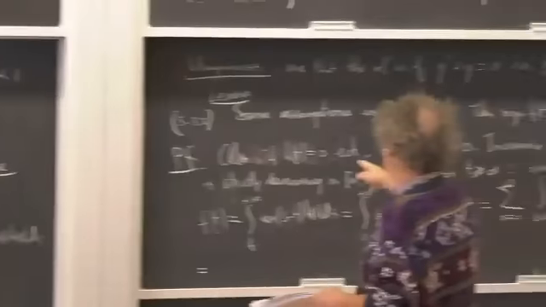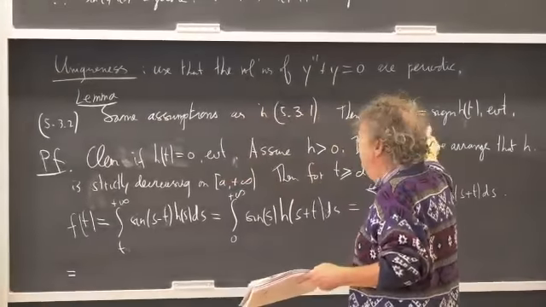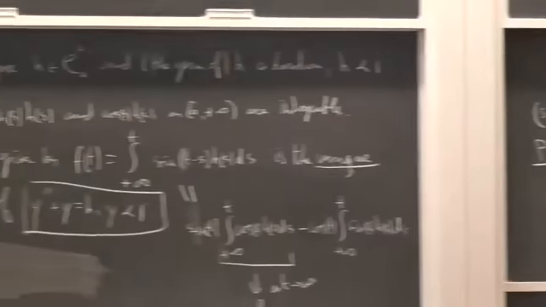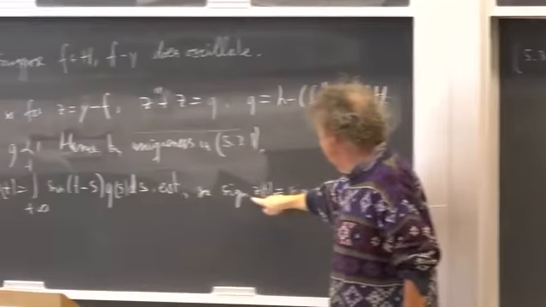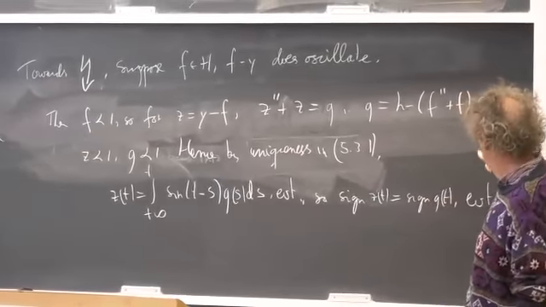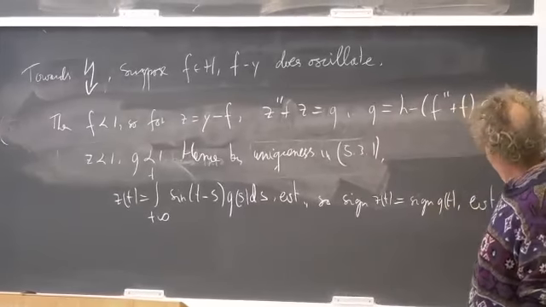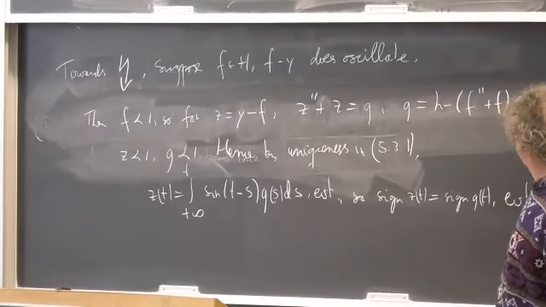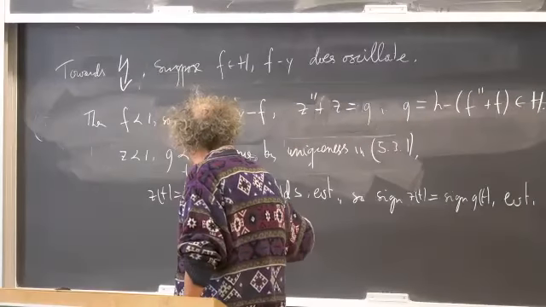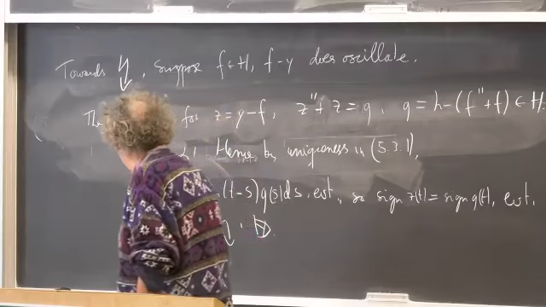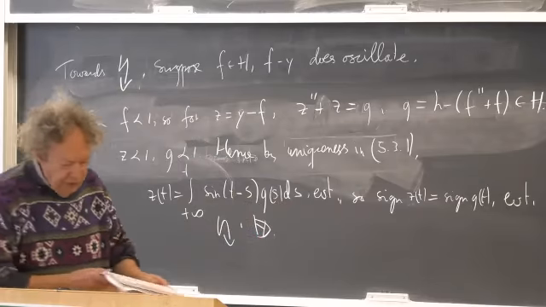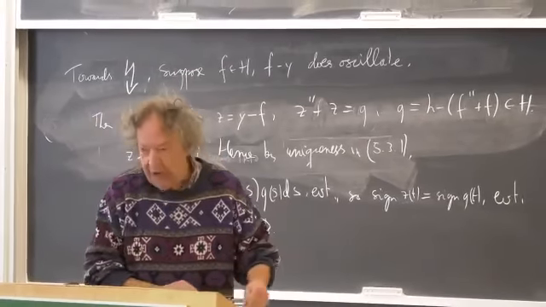And now we get a contradiction because z is supposed to be oscillating, so its sign changes all the time, while the sign of g does not change, but is eventually constant because it's an element of H. Contradiction. So that's the proof. Okay, I better stop because I'm already over time.